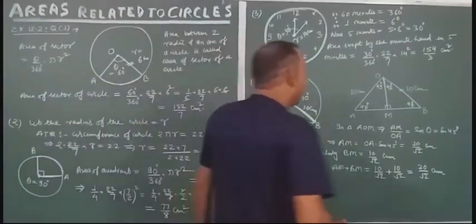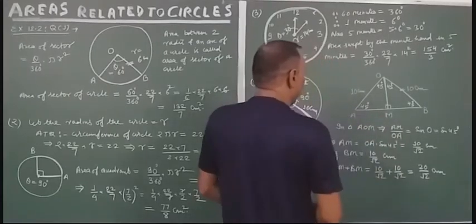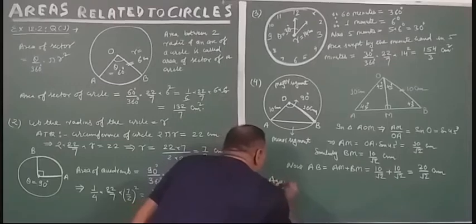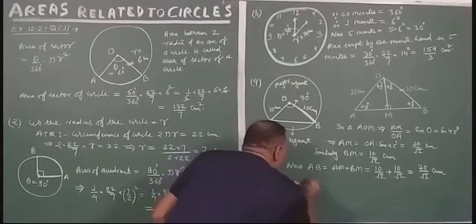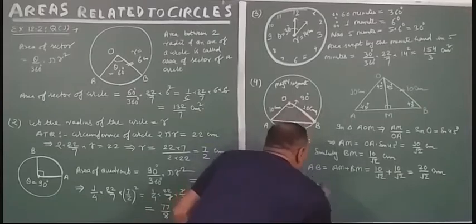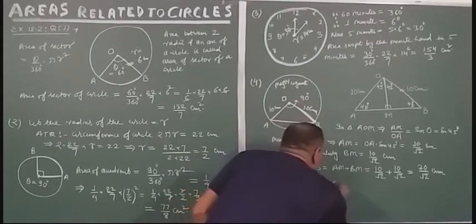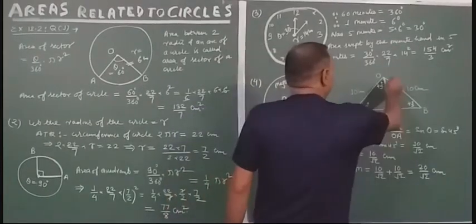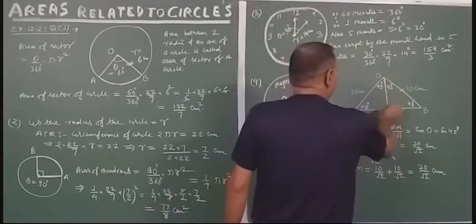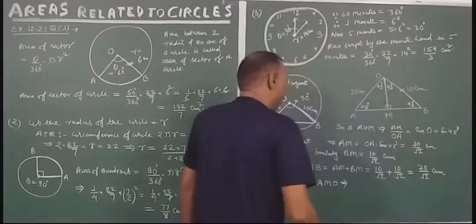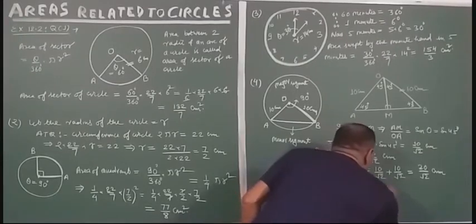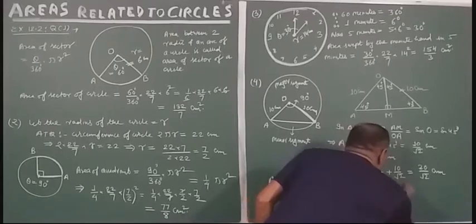Again, in this triangle AMO, now this one, OM upon AO is cos 45.